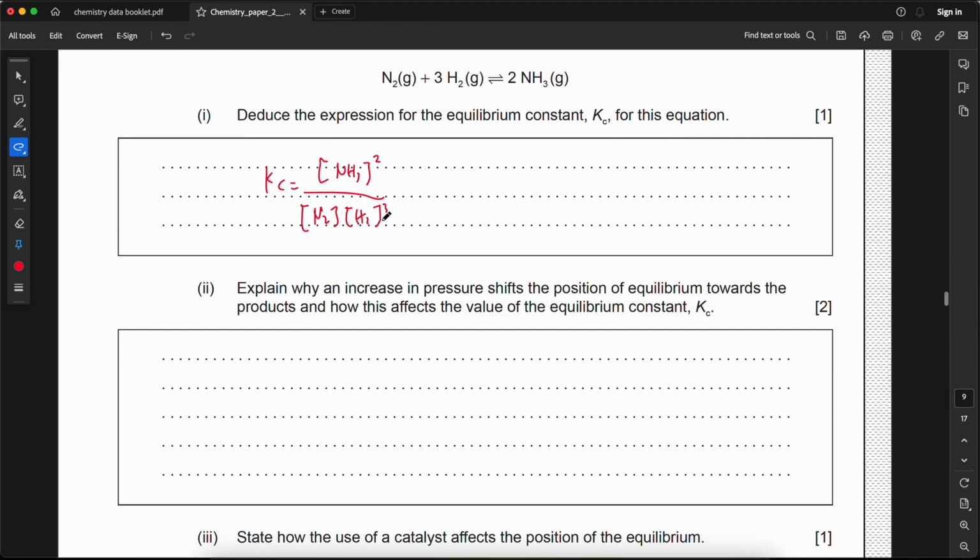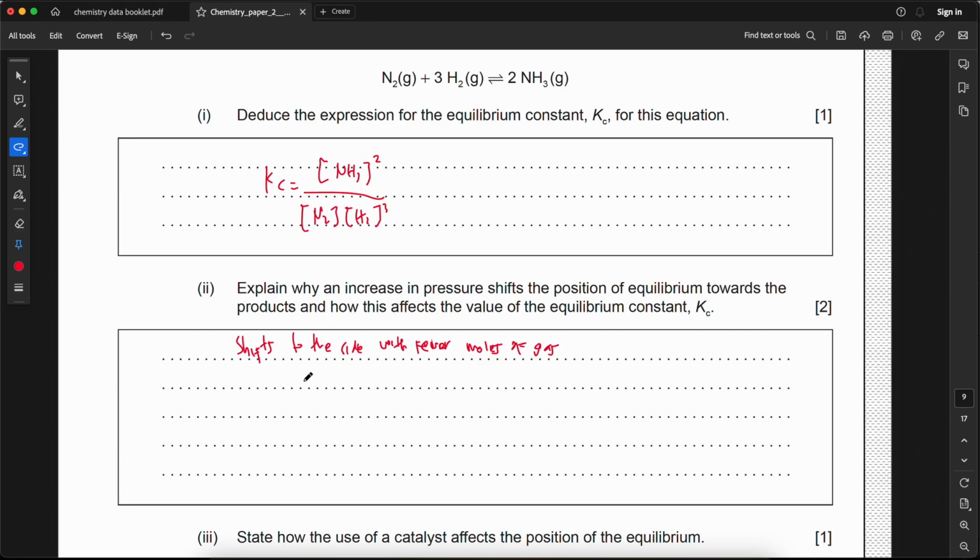Explain why an increase in pressure shifts the position of equilibrium towards the products and how this affects the value of the equilibrium constant. So it will shift to the side with fewer moles of gas.